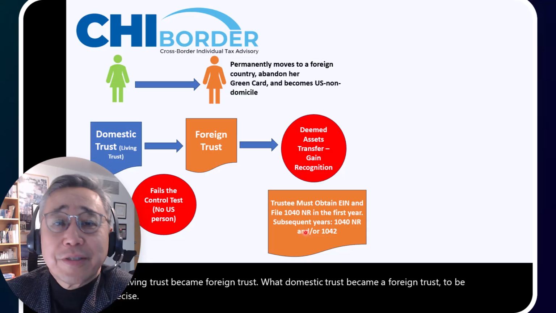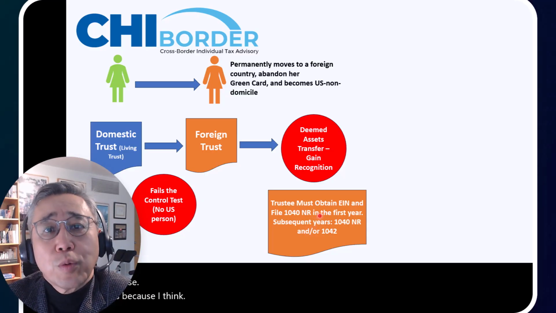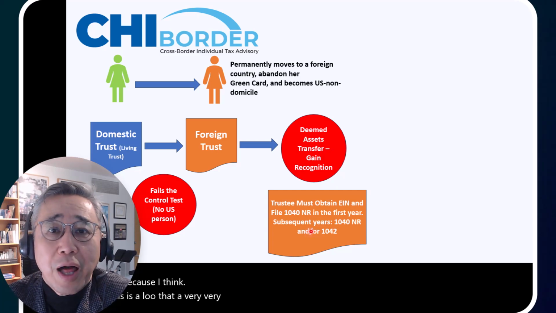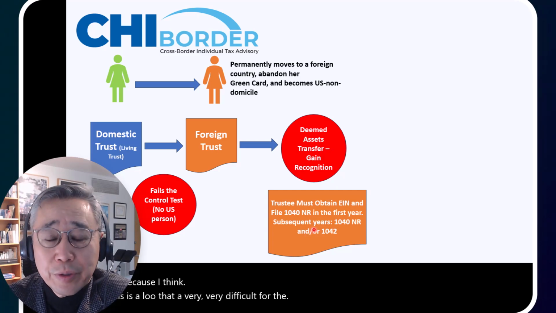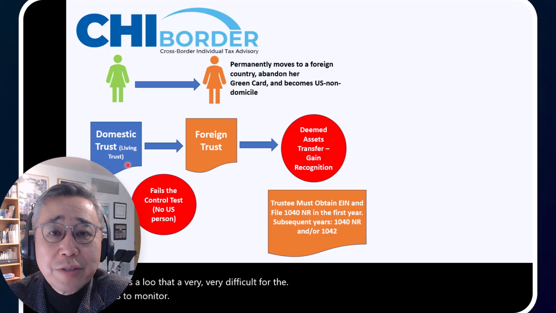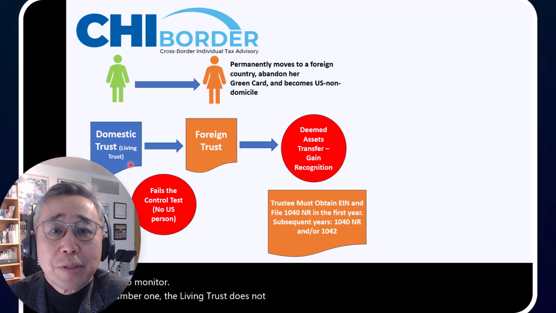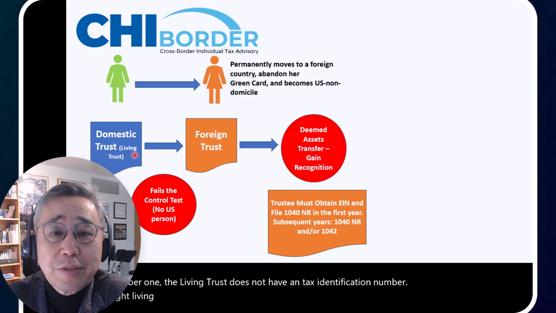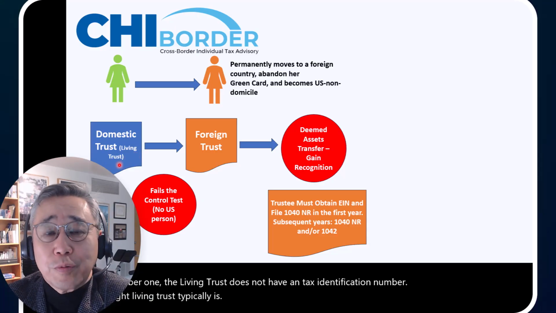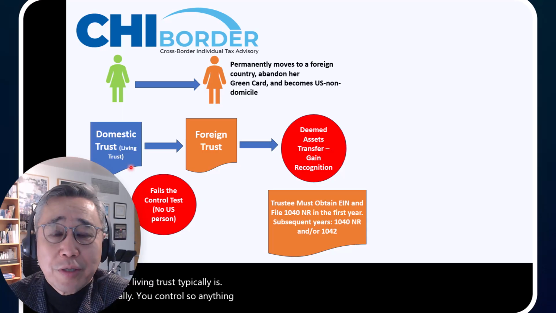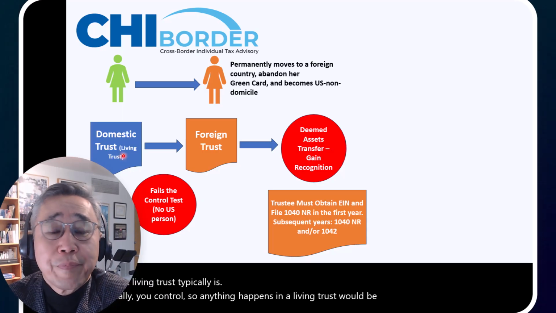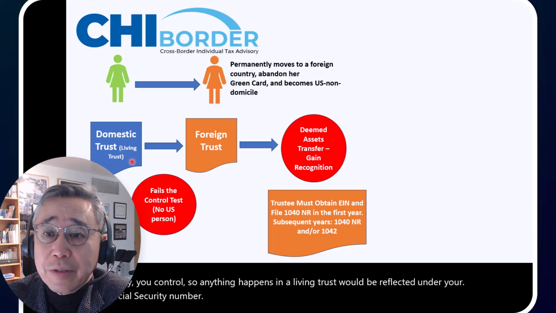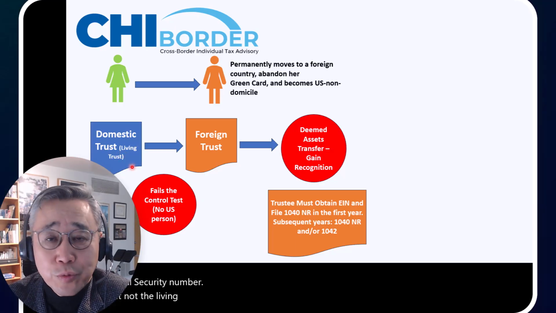It's because I think this is a rule that is very, very difficult for the IRS to monitor. Number one, the living trust does not have a tax identification number, right? A living trust typically is really you controlling. So anything that happens in a living trust would be reflected under your social security number, but the living trust itself does not have a control number.